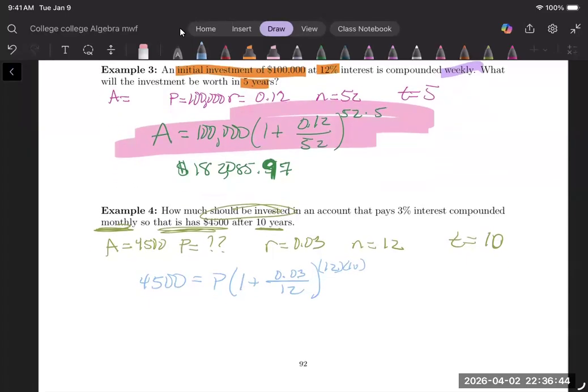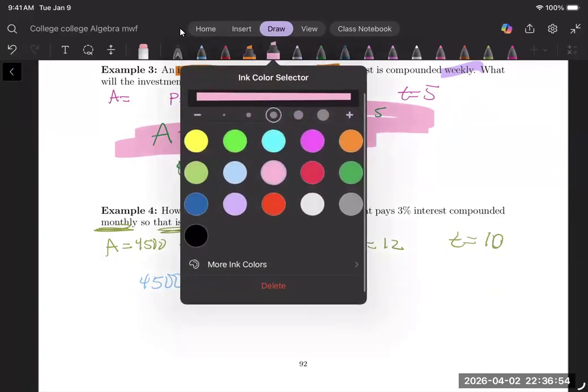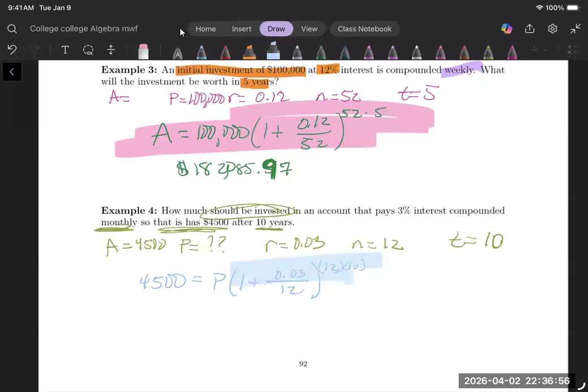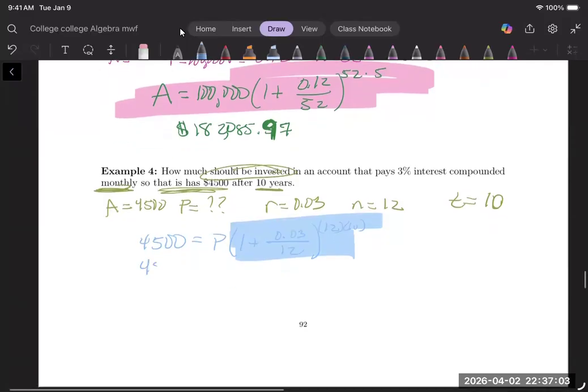I want you to recognize that this says 4,500 equals P times blah, blah, blah. What undoes times? Division. So all I want you to do is take 4,500 and divide by the 1 plus 0.03 over 12, to the 12 times 10. If you want to say 120, go nuts.